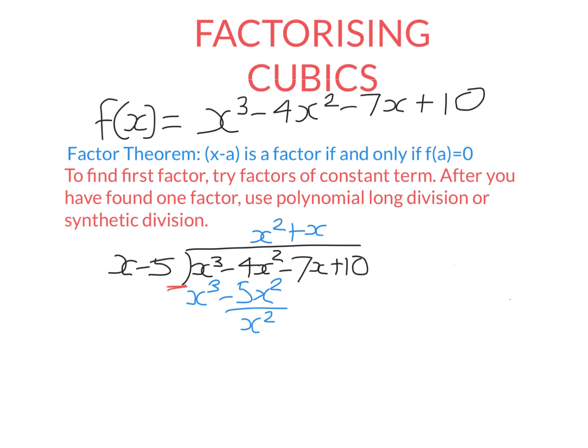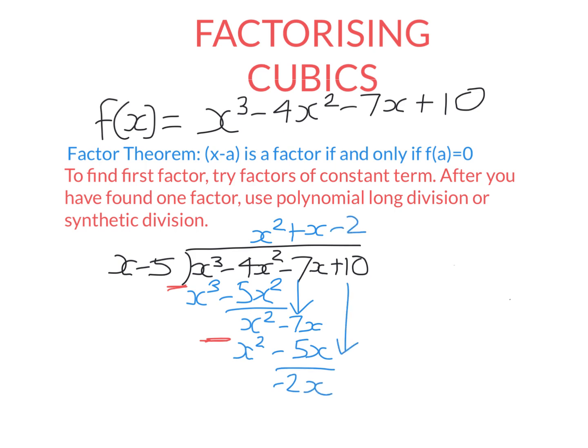Okay, we're going to repeat the process. So we're going to bring down this minus 7x to help us calculate the remainder. So x times x is x squared. x times negative 5 is negative 5x. Once again, you calculate the remainder by subtracting. So negative 7x minus negative 5x is negative 2x. So I'm left with this.